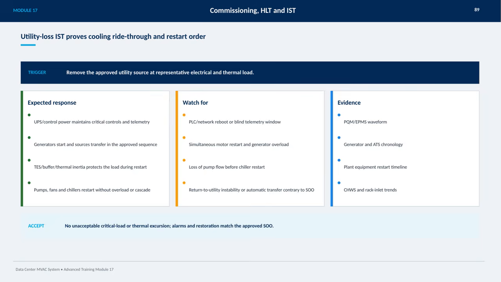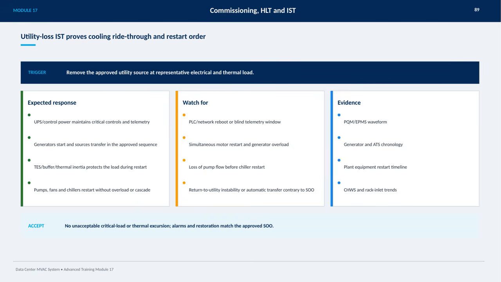We need to watch carefully for any PLC or network reboots that create blind spots in telemetry, simultaneous motor restarts that might overload generators, loss of pump flow before chillers come back online, and any return to utility instability or automatic transfers that go against the sequence of operations.